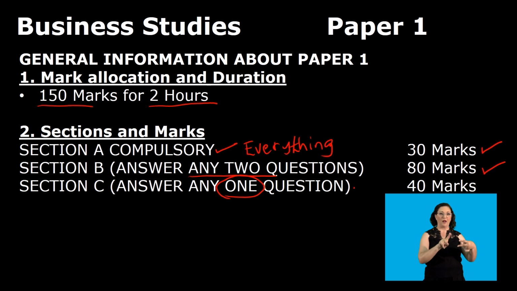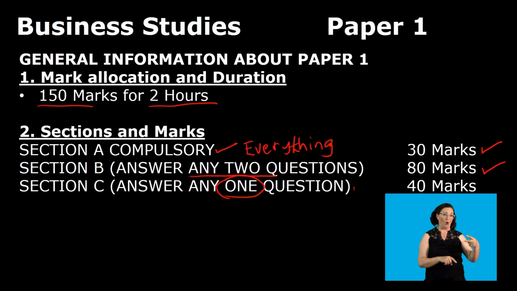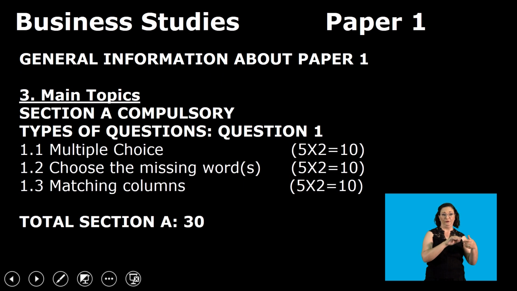It's very important that you read the instructions, because if you were to answer everything, then for example in Section B you decide to answer all 3 questions, the marker will mark the first 2 questions that you've answered. Same applies with Section C. If you're going to answer both essays, the marker will only mark the first essay answered.